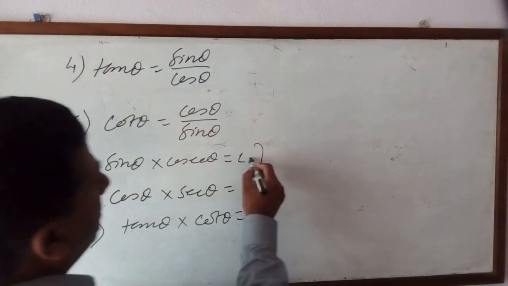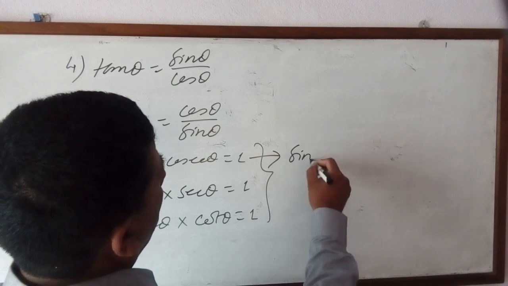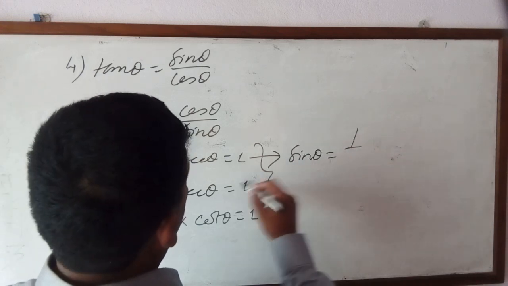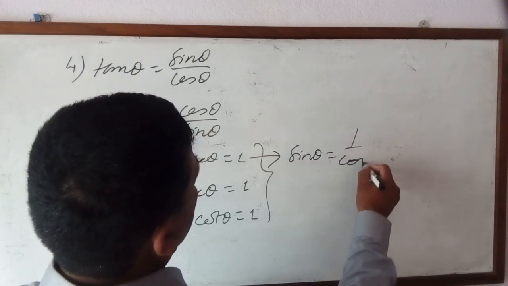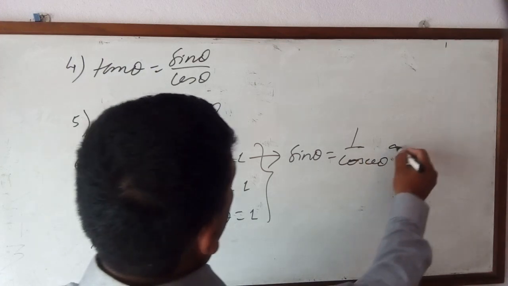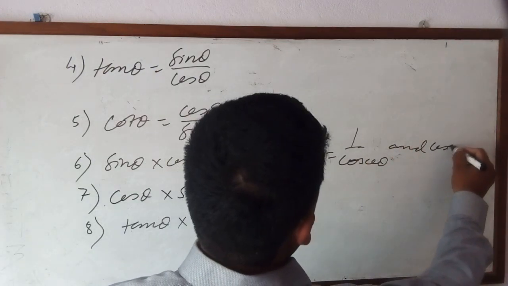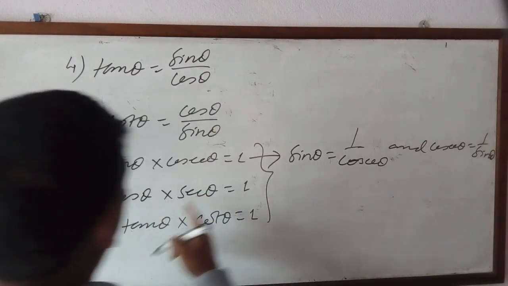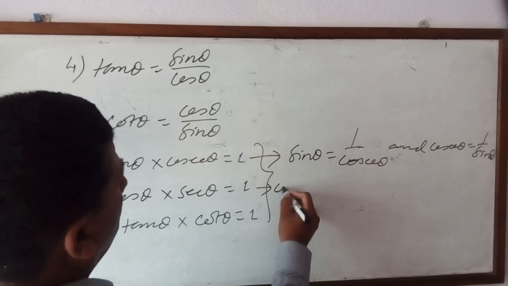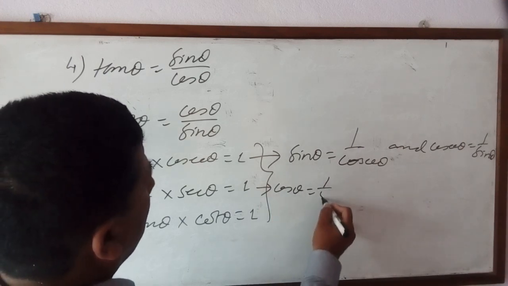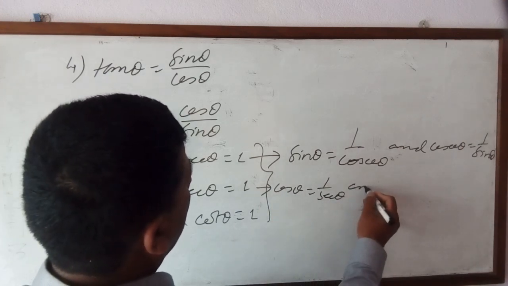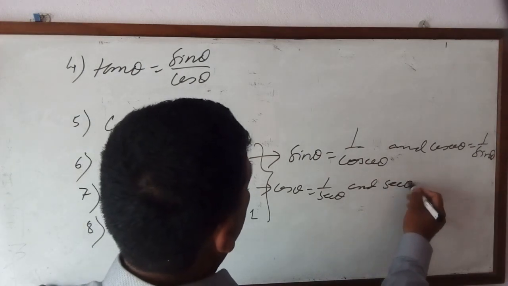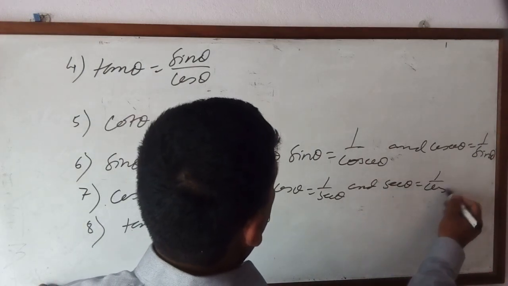From this you have to understand sin theta equals 1 by cosec theta, and cosec theta equals 1 by sin theta. Also cos theta equals 1 by sec theta, and sec theta equals 1 by cos theta.